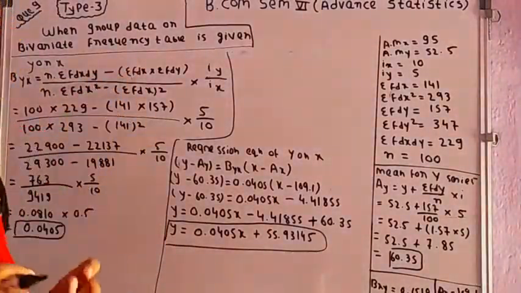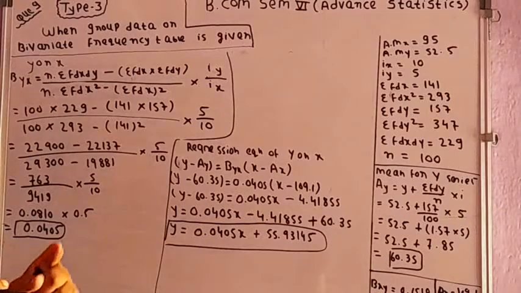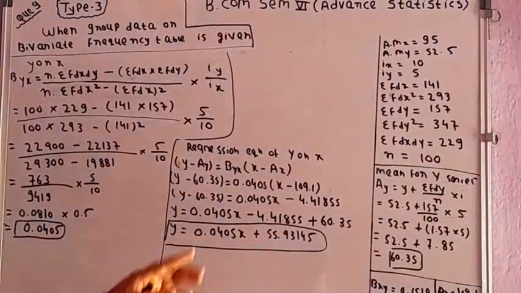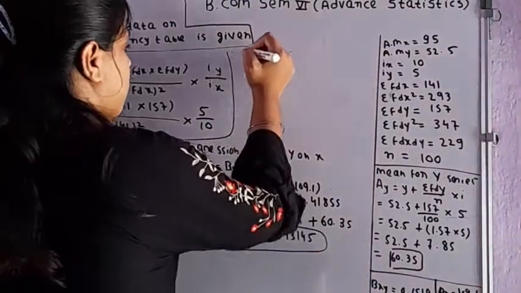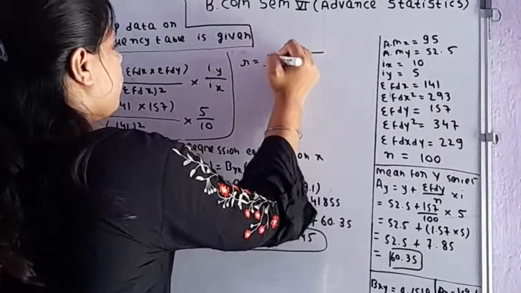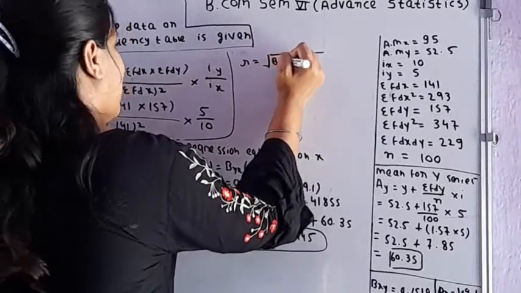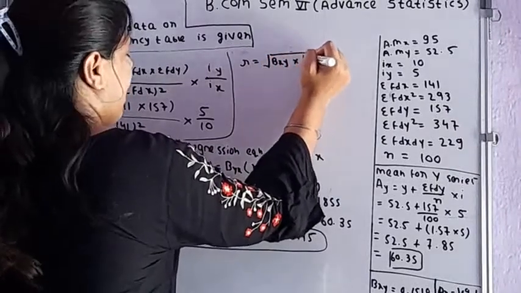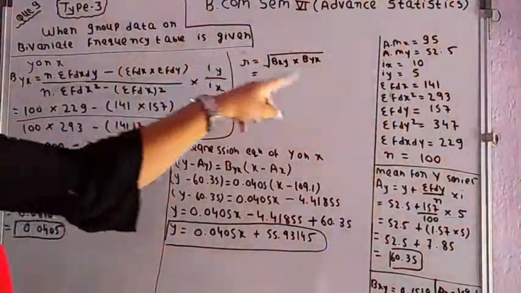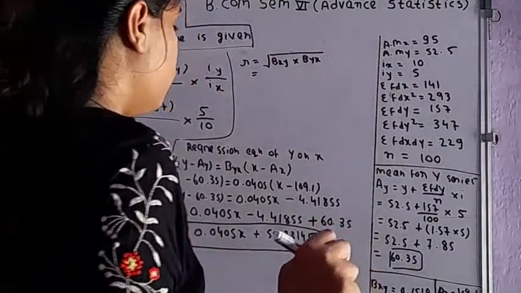So by using this property we can compute it with the help of the coefficients of regression available in the problem. So r equals under root of bxy into byx.